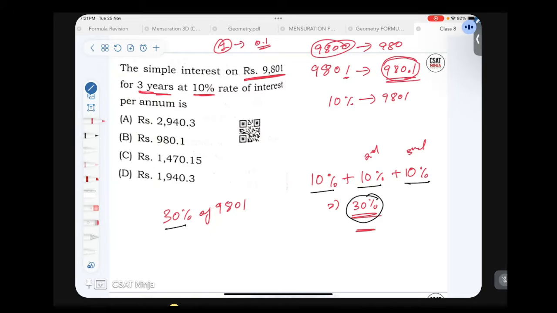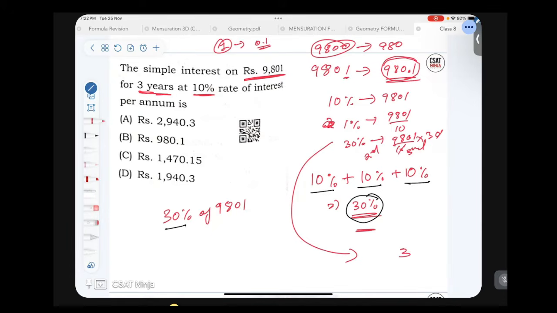I just need to find 30%. So 1% will be 9,801 divided by 10. So 30% is nothing but 9,801 divided by 10 into 30. The 0 cancels. So if we multiply this by 3, 3 ones are 3. Oh, there will be 10 here.